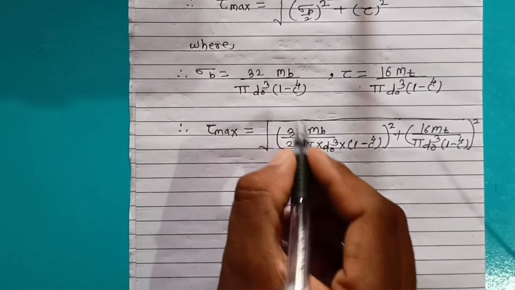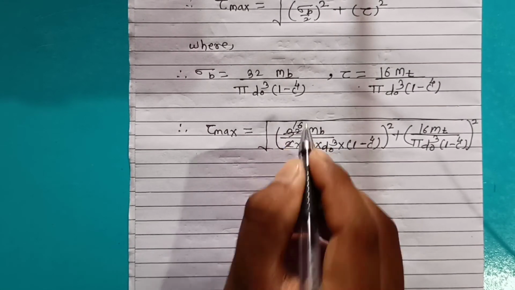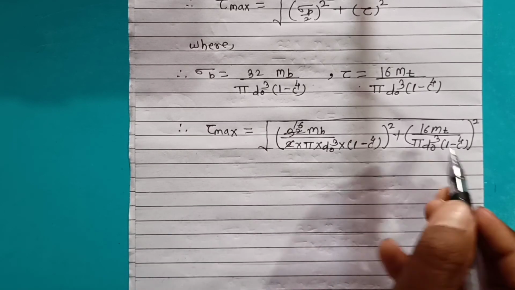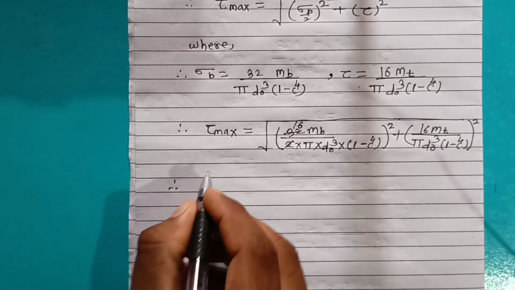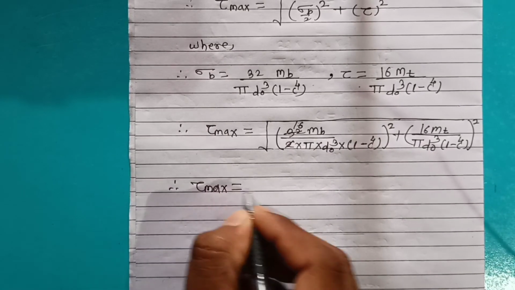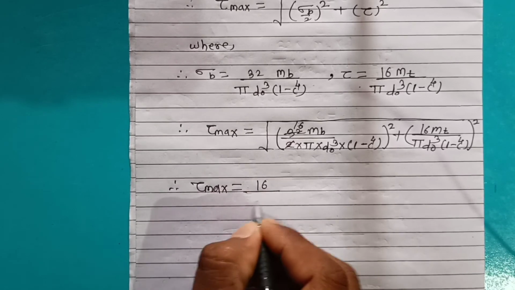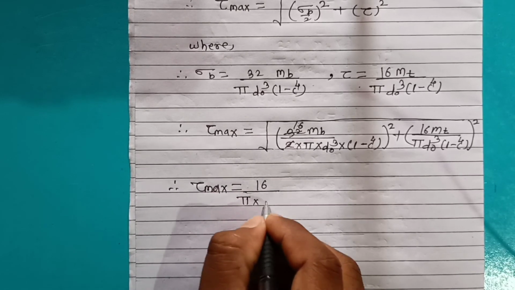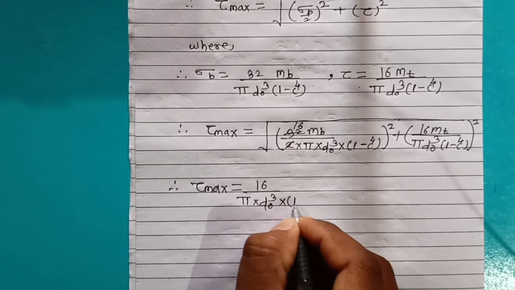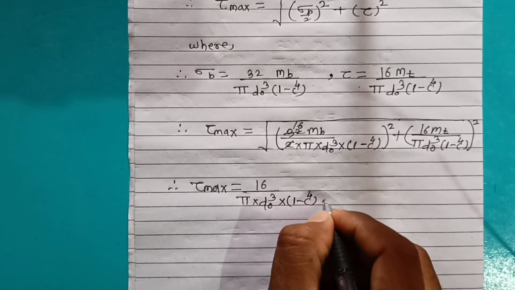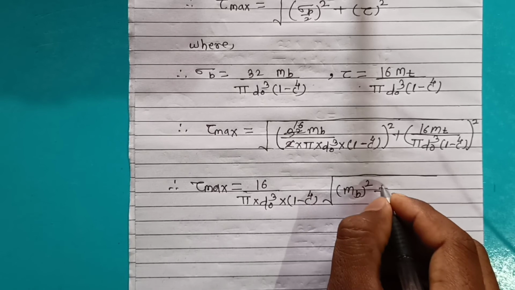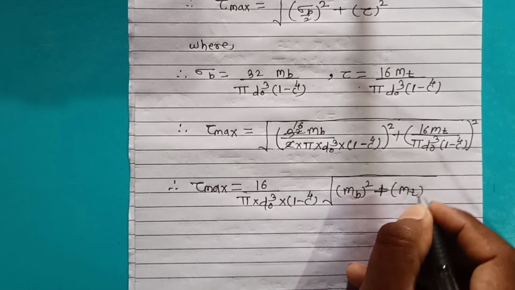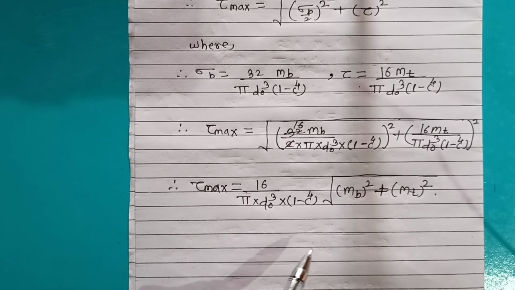Now see here, 32 divided by 2 is 16. Now take the common terms from these two values. Here the common term gives tau max is equal to 16 divided by pi into do cube into (1 minus c raised to 4) times under root of mb square plus mt square, and this equation is for the maximum shear stress theory.